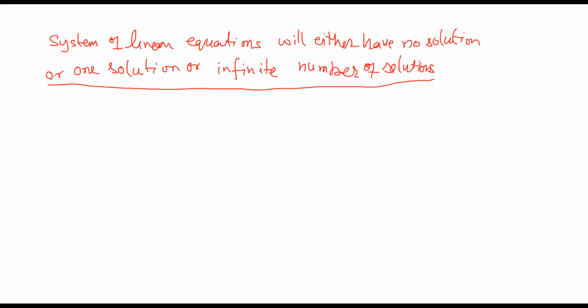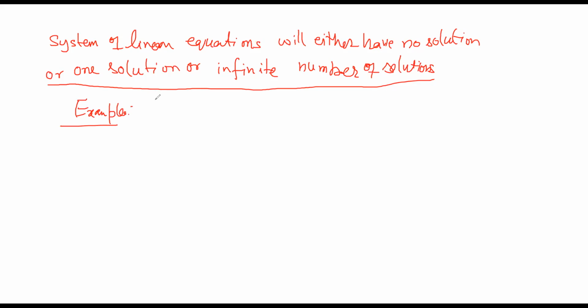So with this, let's do one example. We are almost at the end of this lesson. Suppose that we have 2 equations. This is an example about consistent as well as inconsistent systems.